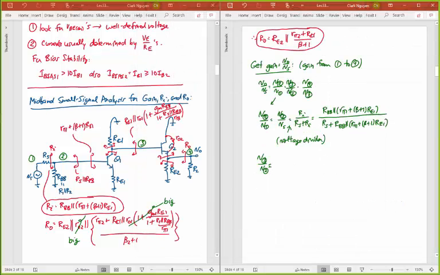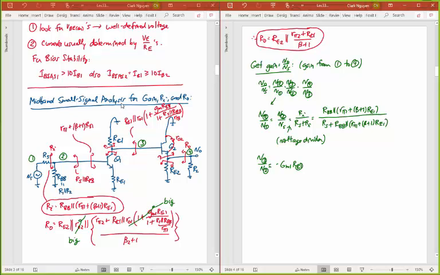And so going back to here, this is also going to be minus GM of device 1 times all that resistance in shunt with node C1, I'll call it, because it's associated with transistor 1. So all the resistance in shunt with this node right here that I'm pointing at.